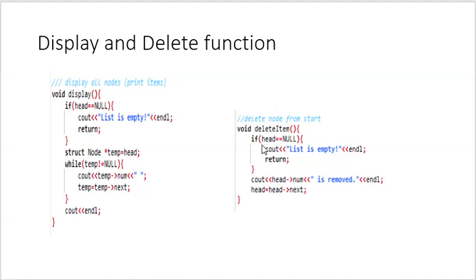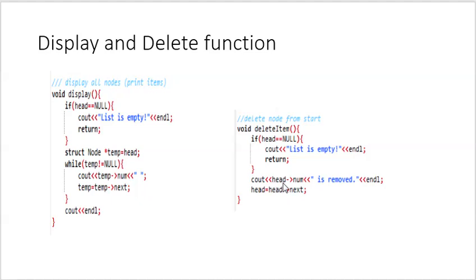Here the next function is the delete function. In this function, if head is null, it means there is no node in the list. So if there is no node in the list, it will display that the list is empty.